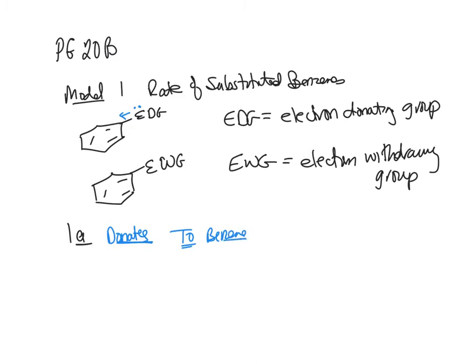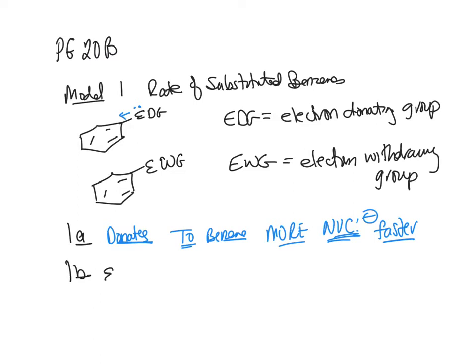Draw an arrow to show the polarity of the bond between the benzene ring and the electron donating group. So just show the electrons are being donated. Electron donating group makes the aromatic ring more nucleophilic. Okay? Because it's donating electrons into the ring, it's more nucleophilic. And that's why you have a faster reaction. That's why toluene is 25 times faster than benzene.